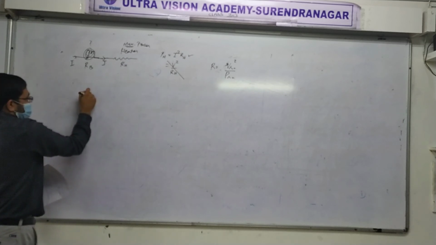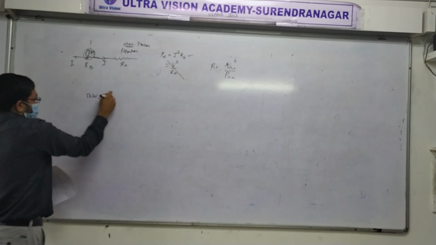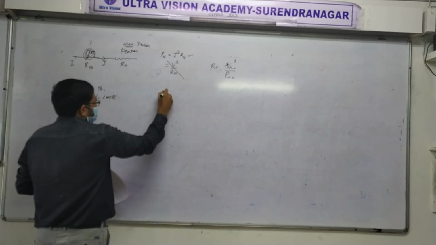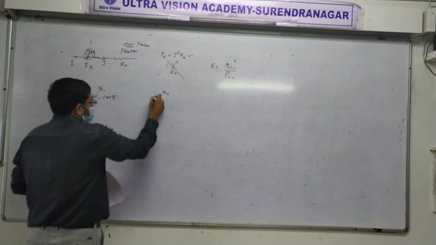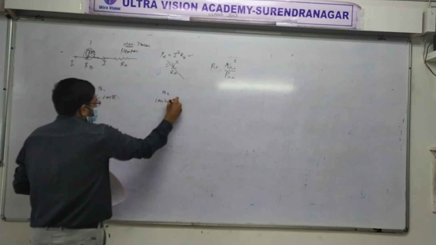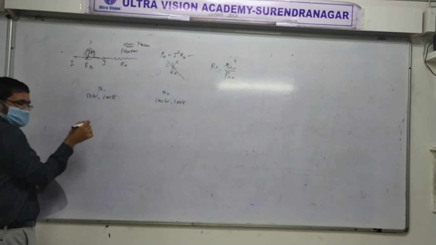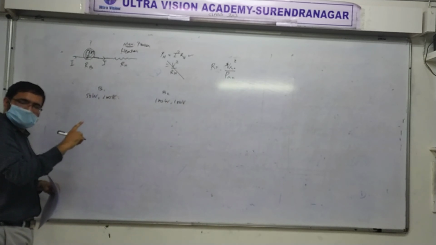Suppose there is a 50 watt 100 volt bulb, this D, and there is another 100 watt 100 volt bulb, and you connect them in series. Understood?